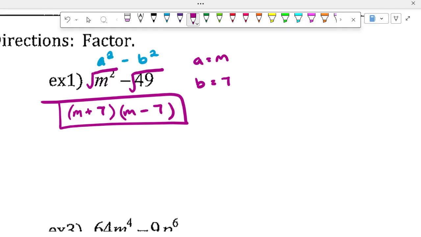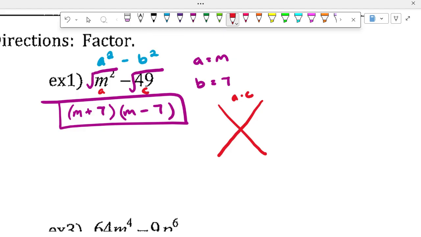Now, let's say this was the test day and you completely forgot this formula. Another way you can do it is just factor it like you would a trinomial. So, if we did a quick big X, what's A times C in this case?